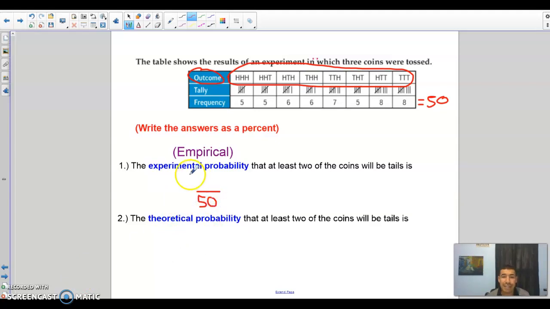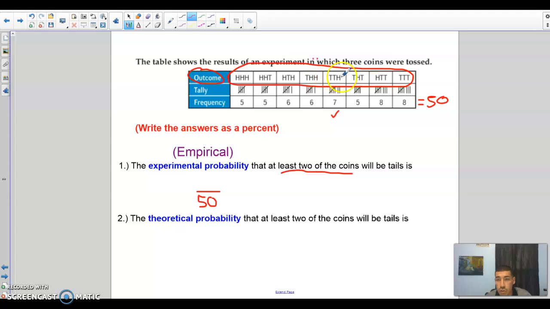So now on the top you put the favorable events. In other words, how many times did you get at least 2 tails from the coins? Looking at my columns, do I have at least 2 tails here? No. Here? No. Here? No. Here? No. Here? Yes. I'm going to put a little check mark right there.